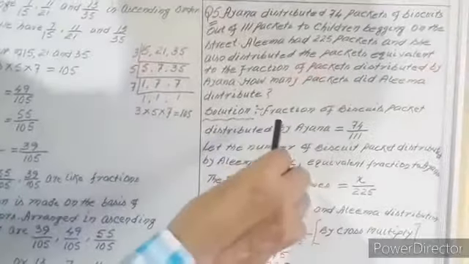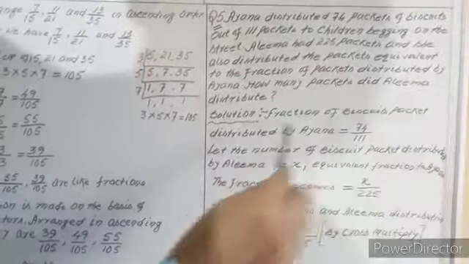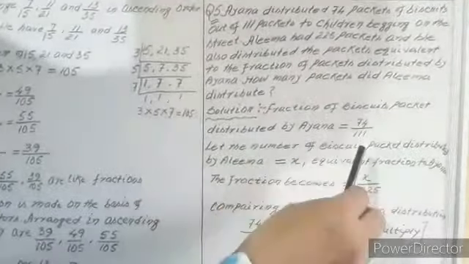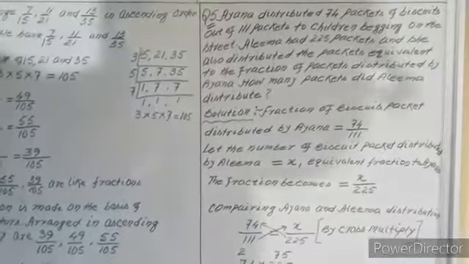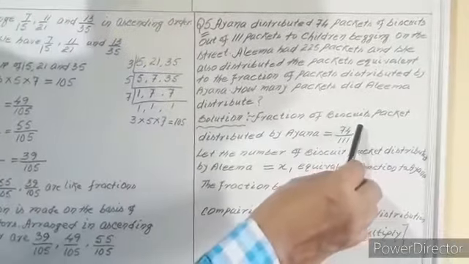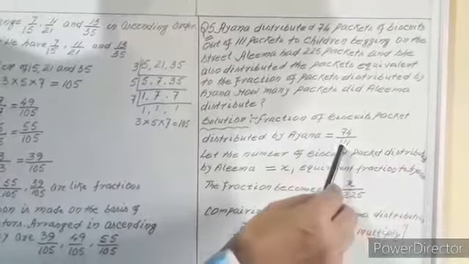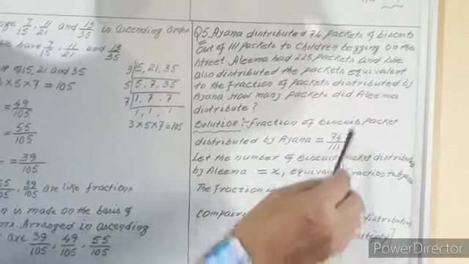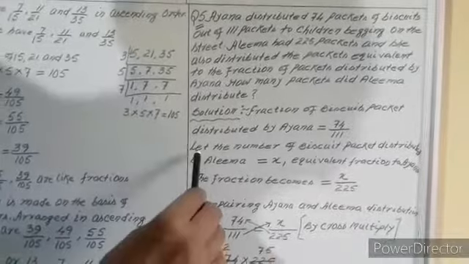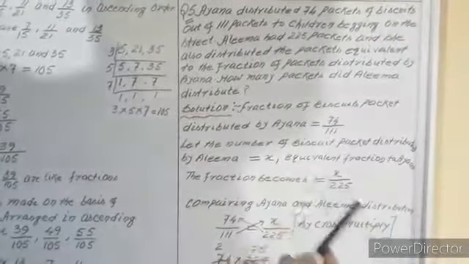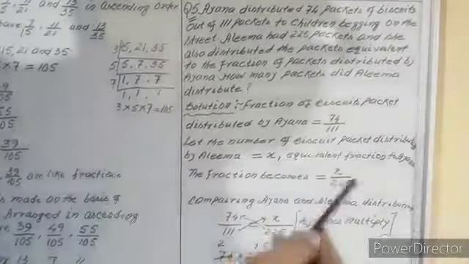So first of all, the fraction of biscuit packets distributed by Ayana was 74 upon 111, meaning 74 packets of biscuits were distributed by Ayana out of 111 biscuit packets. Now the number of packets distributed by Alima is unknown.